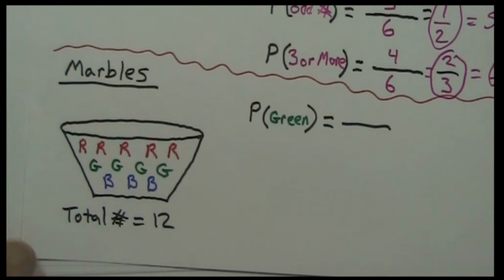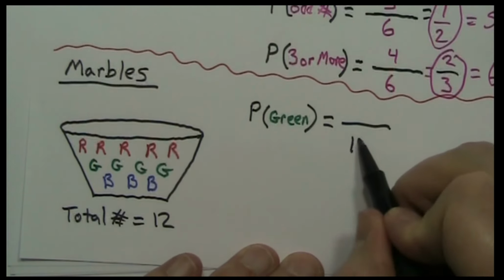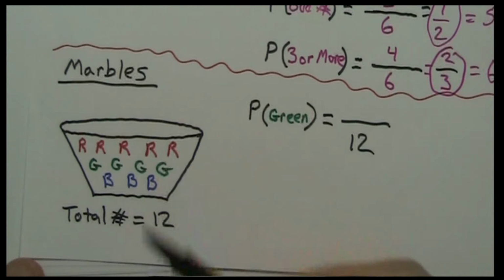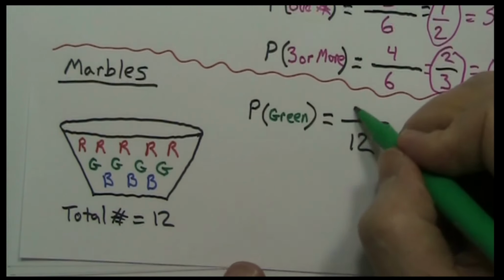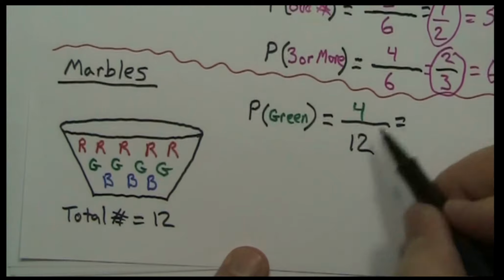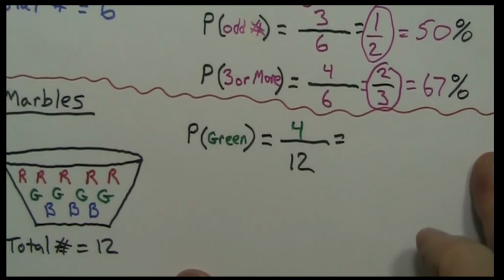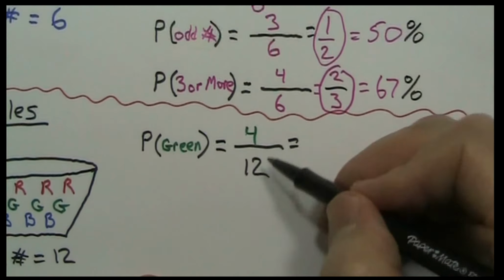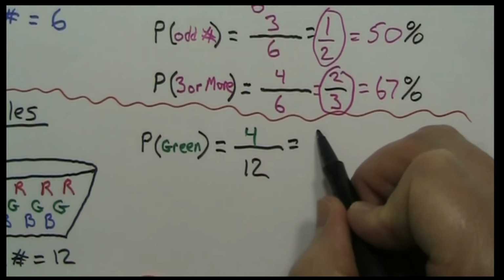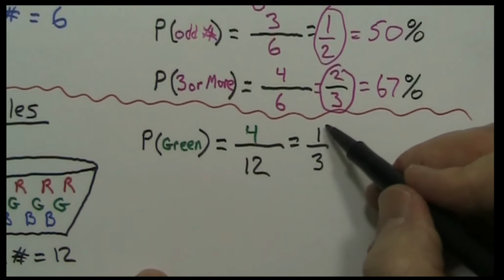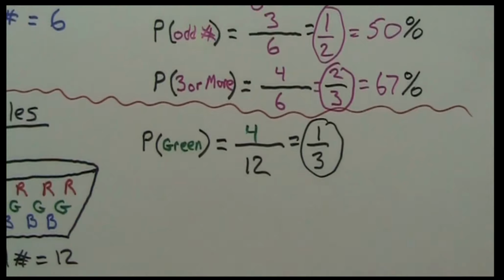So that number is going to go on the bottom. And then how many green are there? 1, 2, 3, 4. There are 4 green. So 4 out of 12. On any test, they're not going to leave it 4 out of 12. You're going to have to reduce that. 4 goes into both of those. 4 goes in here once, 4 goes in there 3 times. So the answer is 1/3, 1 out of 3.